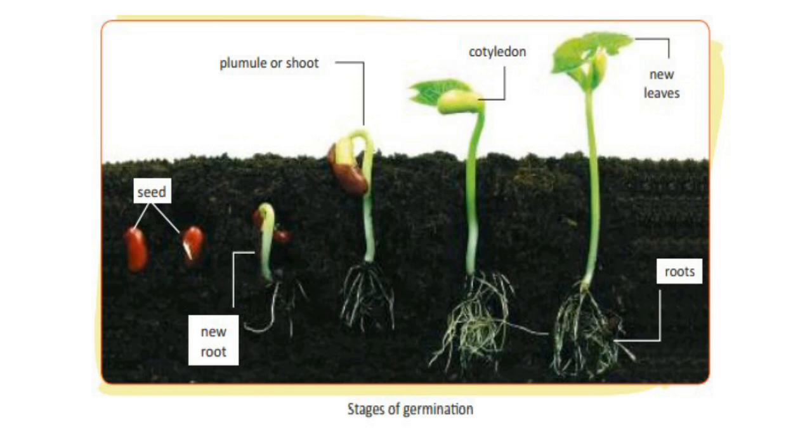In the next picture you see the cotyledons developed. In the last picture you see the last stage, where new leaves have grown and the roots have developed inside. So these are the stages of germination.